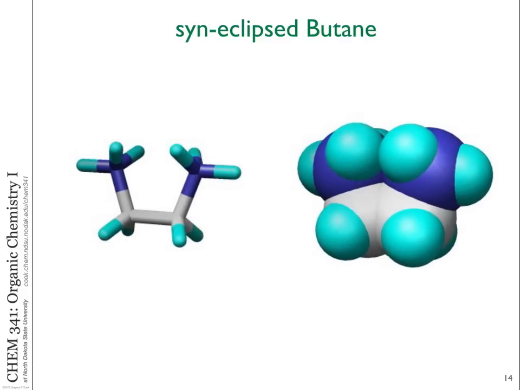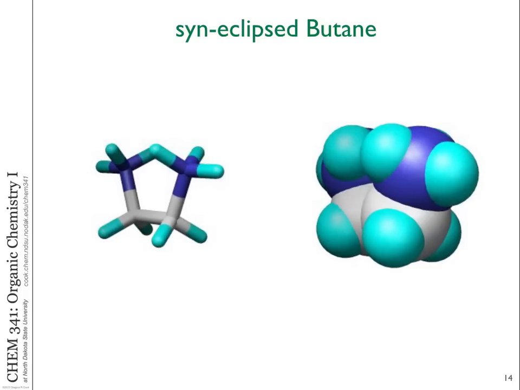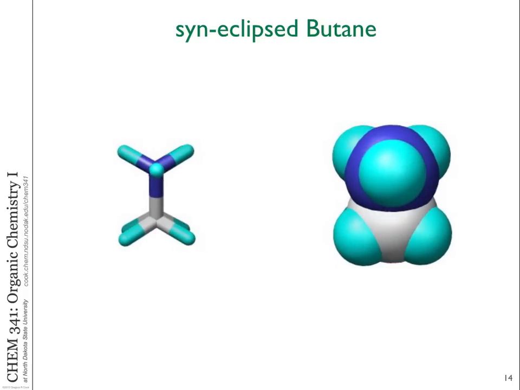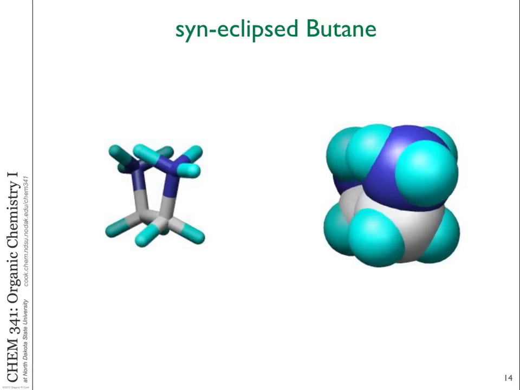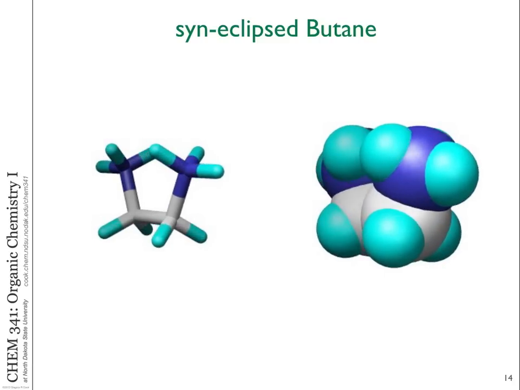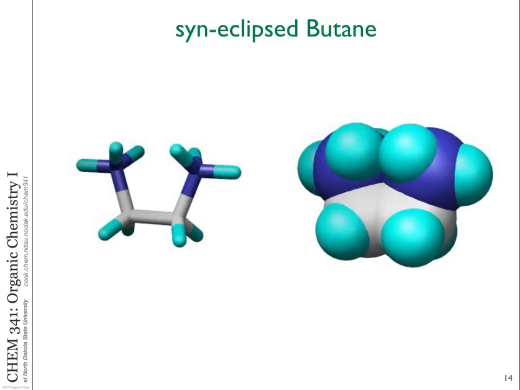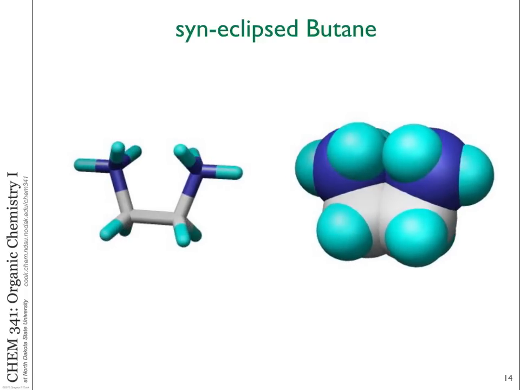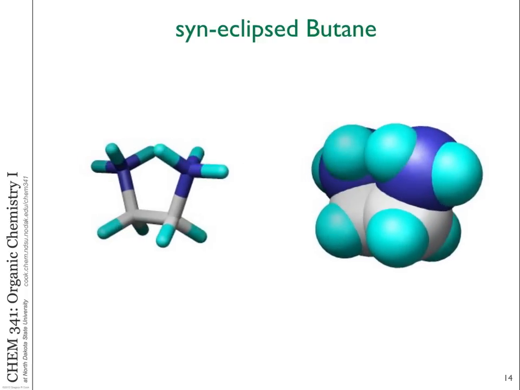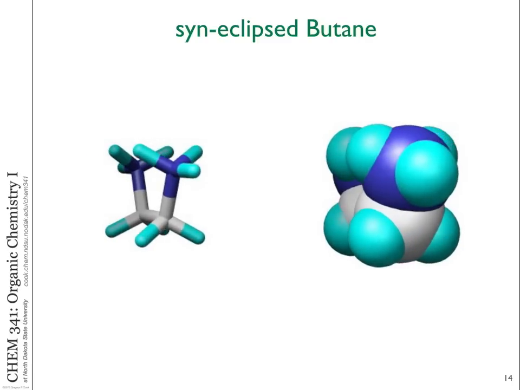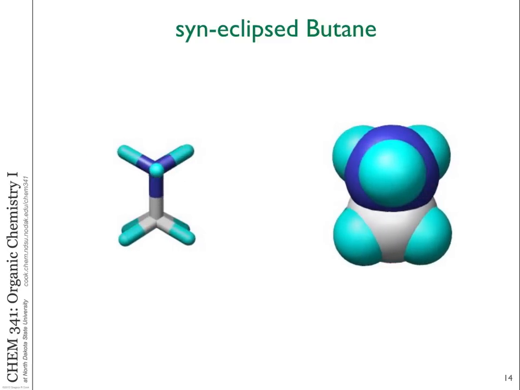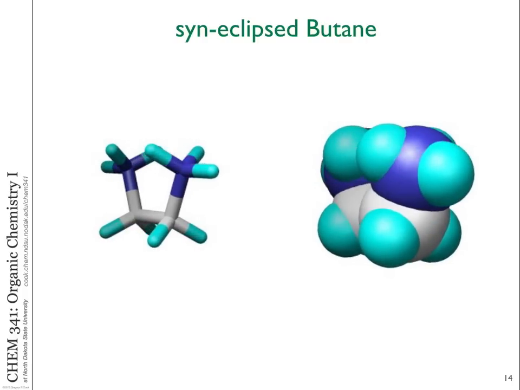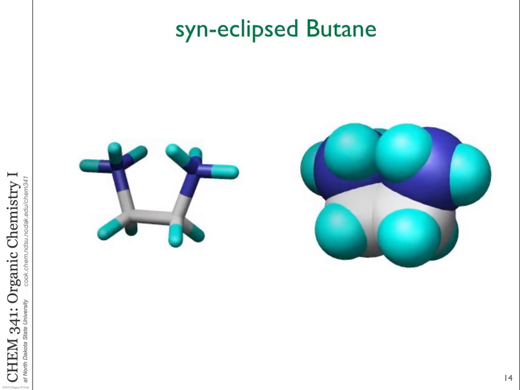But if you get to an energy state at a particular temperature where that slows down, what you have is a smaller population of conformations of a molecule which are higher in energy than lower energy conformations. So it's important to recognize that even though all these conformations are existing, that's not necessarily the case at all temperatures. Especially as your energy difference gets higher and higher, you could reach a point where the energy difference is so great that even at room temperature, only one conformation of the molecule dominates.